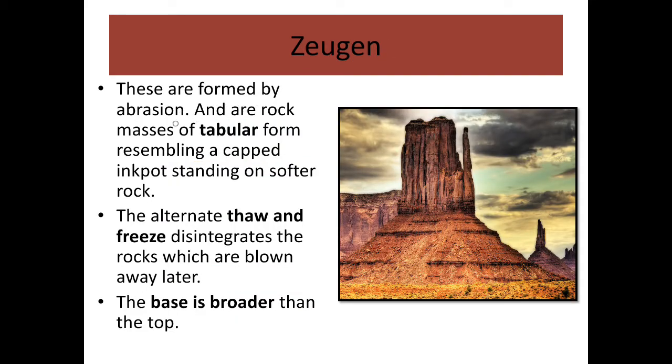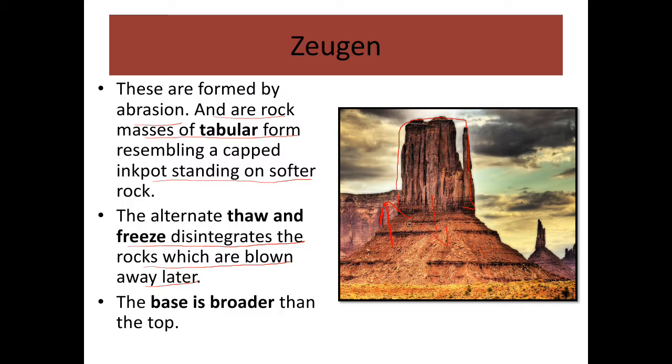Zeugens are formed by abrasion, and the rock masses are of tabular form, resembling a capped ink pot standing on the softer rock. So this is a tabular rock structure. The alternate thaw and freeze disintegrates the rocks, which are blown away later, because of the increased temperature during the daytime and the reduced temperature during the night.